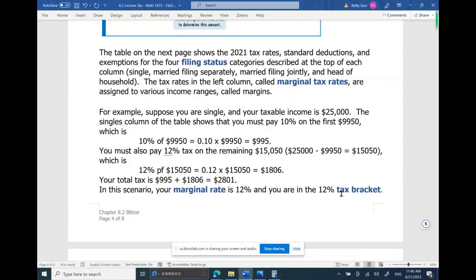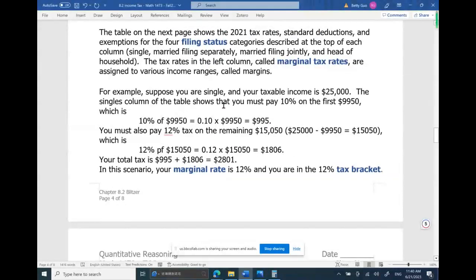The tax rates in the left column, called marginal tax rates, are assigned to various income ranges called margins. For example, suppose you are single and your taxable income is $25,000, then the singles column of the table shows that you must pay 10% on the first $9,950, which is $995.